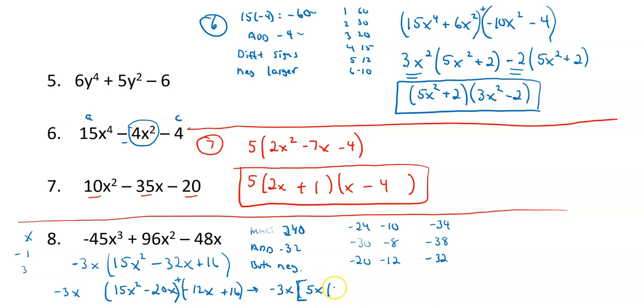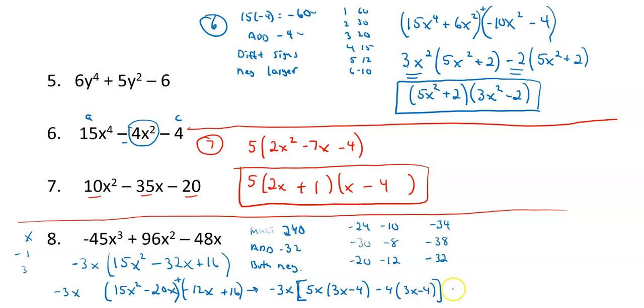So 15 divided by 5 is 3, so I get a 3x. Negative 20x divided by 5x is negative 4. Right, between the 12x and the 16, I'm going to pull out a negative 4. Negative 12x divided by negative 4 is going to be a 3x. 16 divided by negative 4 is going to give me a minus 4.